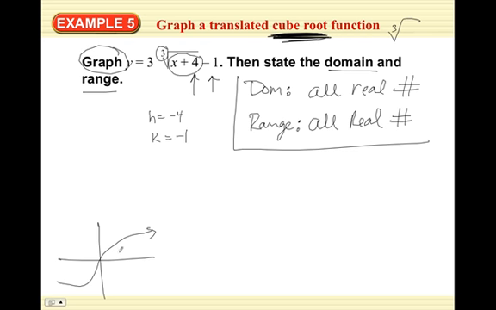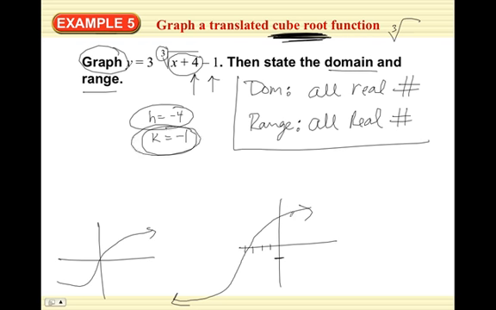So pretend to move this to the left 4, and K means up and down, so move it down 1. So it would maybe look like it moved 4 places this way, and then it moved down 1. So maybe something like, okay, it would move left 4, down 1. That's just a rough sketch, okay?